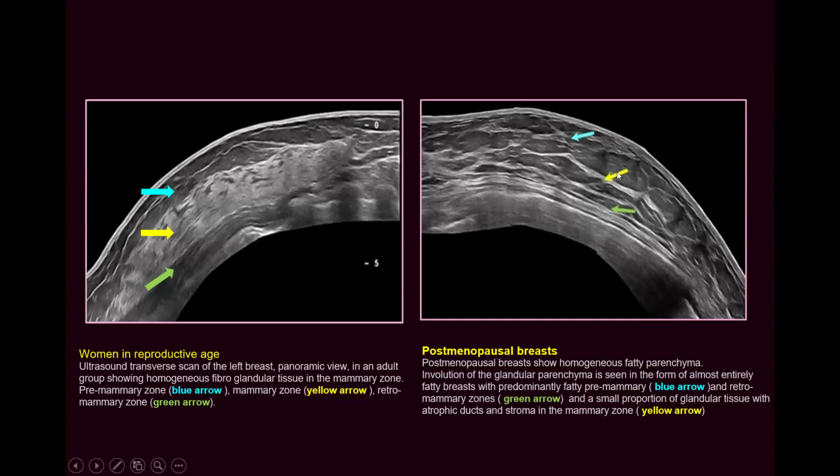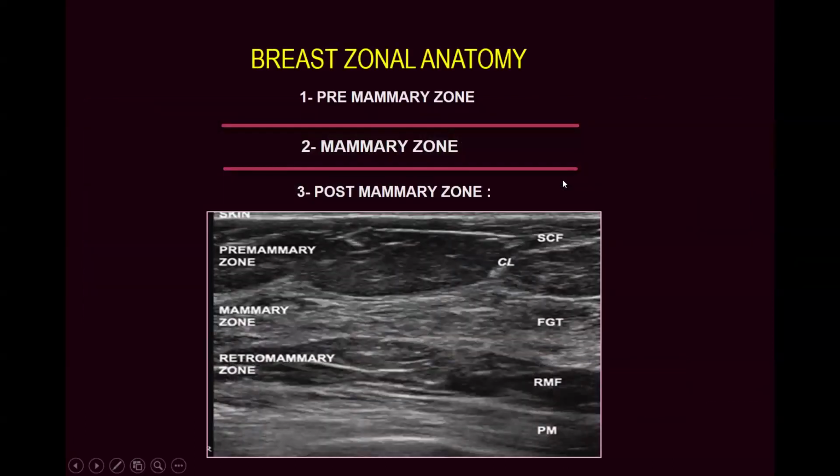The yellow arrow represents the fibroglandular parenchyma, and here you can compare the fibroglandular parenchyma or the mammary zone between the two breasts. Here is the thick layer of fibroglandular tissue, while this residual fibrotic parenchyma is seen on the right side of the breast, sorry.